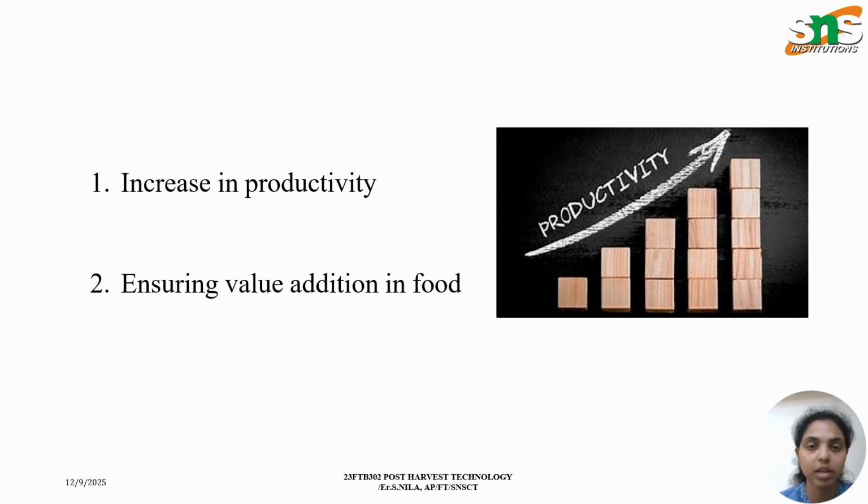So these are the things we have to avoid or take superior care of during the post harvest, and by avoiding all these things we can bring an increase in productivity.